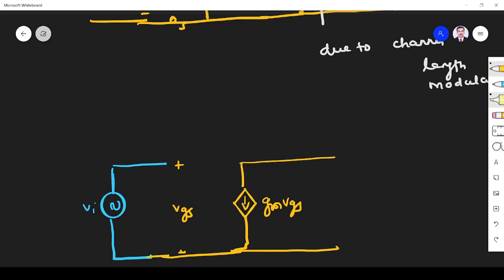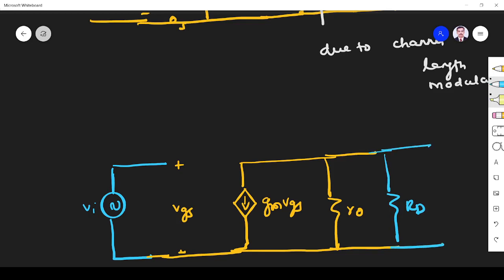Next, if we include R naught, that is channel length modulation, we will have R naught, and up to this the transistor is over. After that, what we have? The external resistor RD, that is the drain resistance. That's it. So here VDS, plus minus.